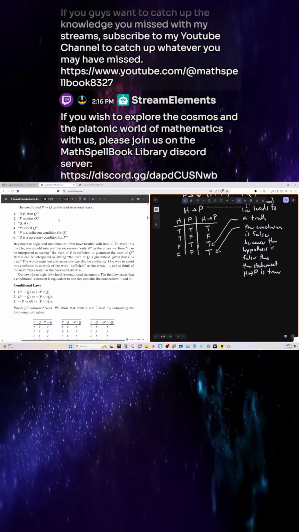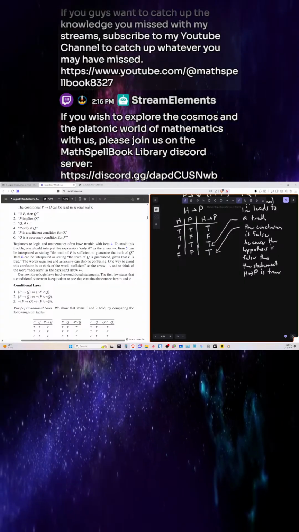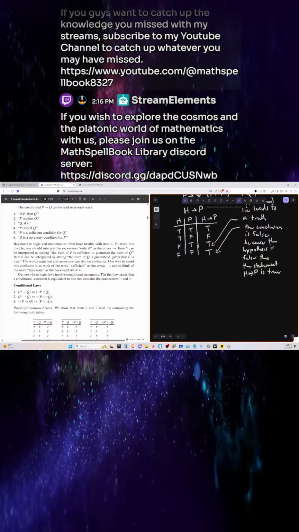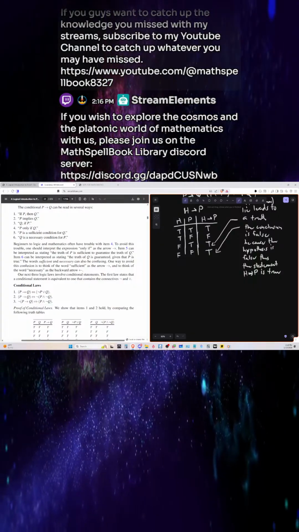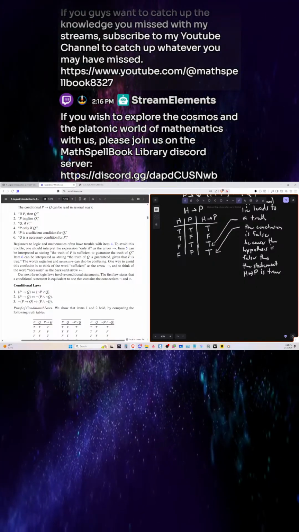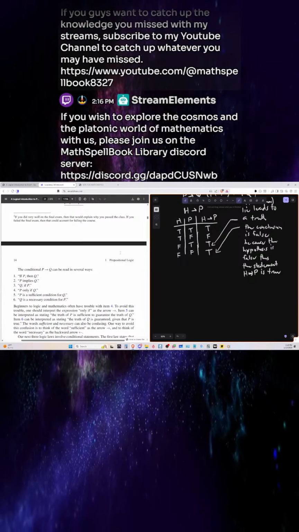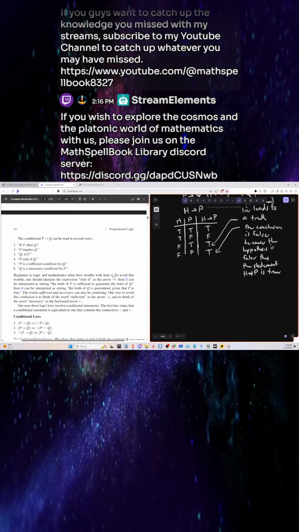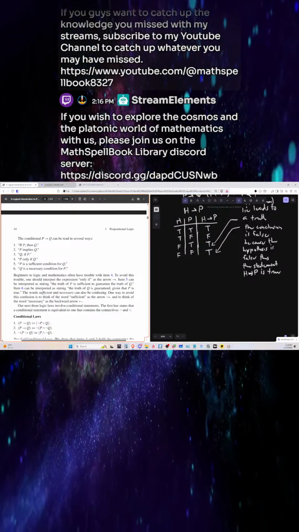Okay, that's a conditional. Can be read several ways. Applies only if. Okay. Let's see. Beginners to logic and mathematics often have trouble with item 4, P only if Q. Okay, it's supposed to be this item.